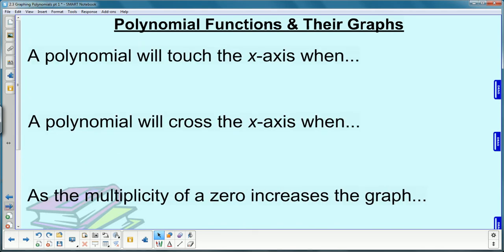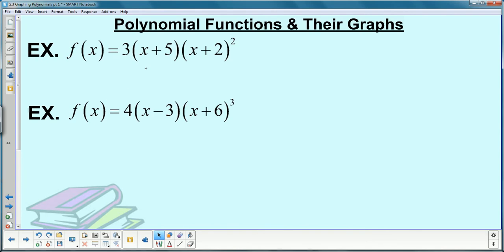If we jump to a couple examples here, in this polynomial we know that x equals -5 is a zero, and we also know that x equals -2 is a zero. This exponent actually tells us that -2 is a zero twice.